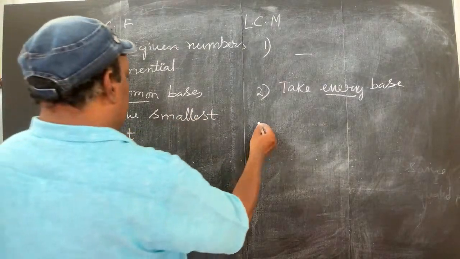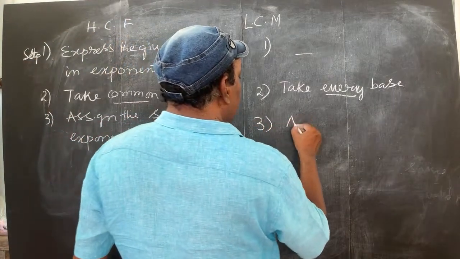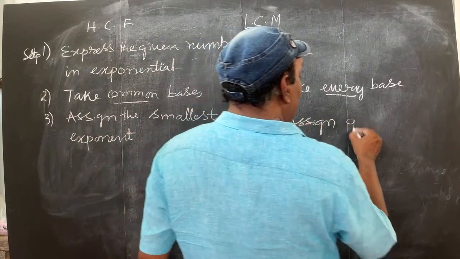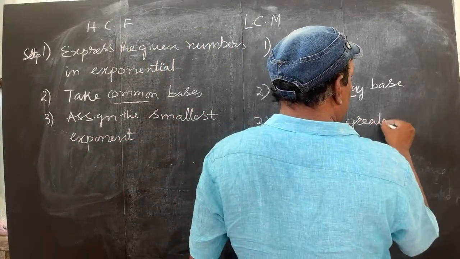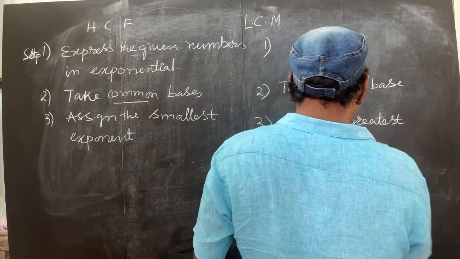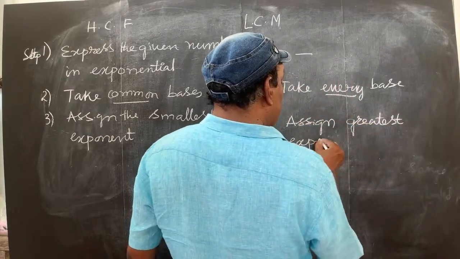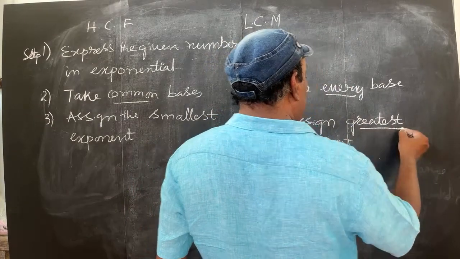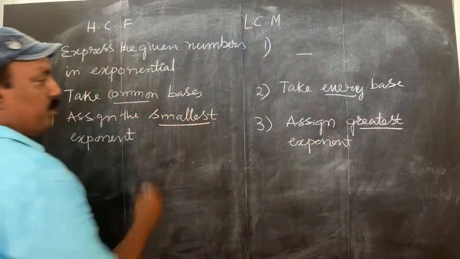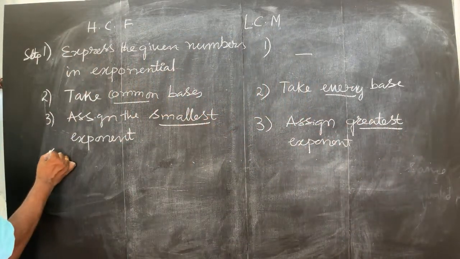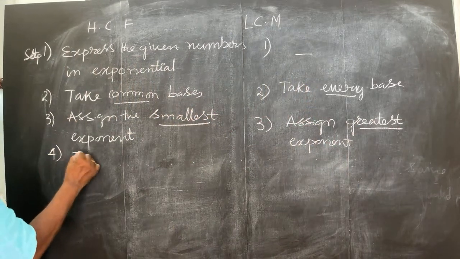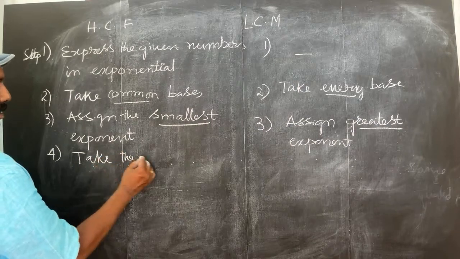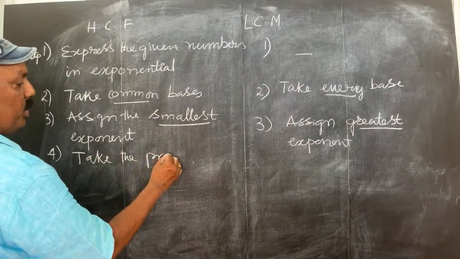This is another important point. Here, in HCF, assign the smallest exponents. Here, in LCM, assign the greatest exponents. In HCF you have to take the smallest exponents, and in LCM the greatest exponents. And step number 4 is very simple: take the product.